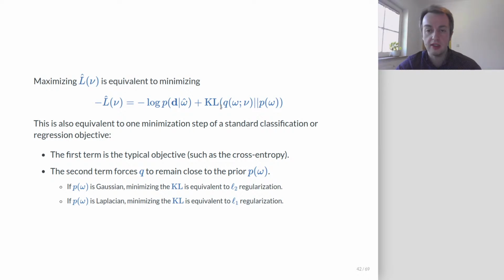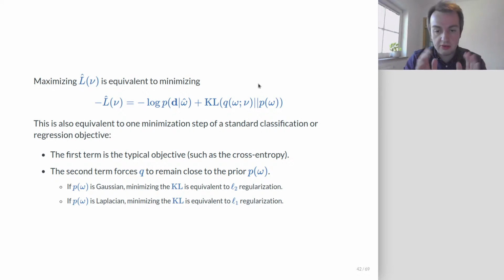And similarly, if you say that your prior beliefs are Laplacian over the model parameters instead of Gaussian, then minimizing the KL between the posterior and this Laplacian prior will be equivalent to L1 regularization. Again, this is just to stress that a lot from machine learning, when it comes to specifying a loss and maybe some regularization, can be connected back to a choice of generative model and also a choice of prior if you are being Bayesian about that.